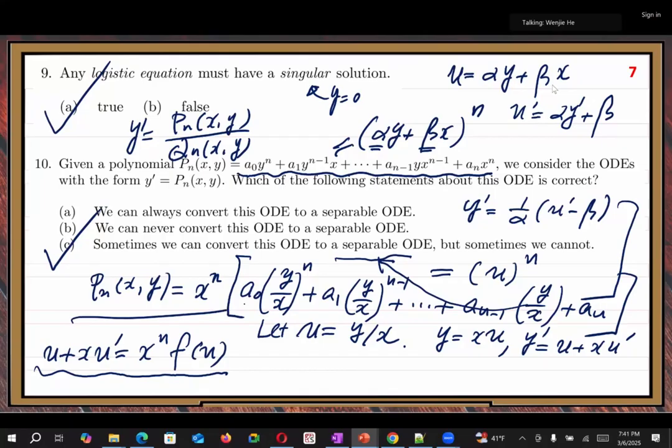Because in this way, both numerator and denominator you can factor out the same x to the n, and they cancel out. So what you have is f of u over g of u, right? Then x is gone.